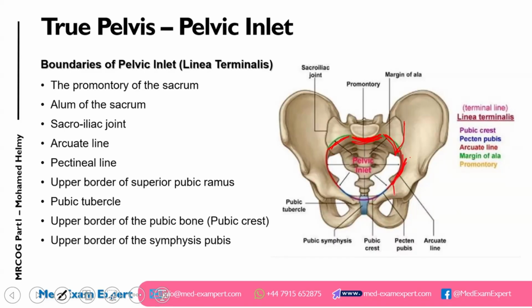Then the pecten pubis or the pectineal line, the upper border of the superior pubic ramus along with the pubic tubercle and crest, then the upper border of the symphysis pubis. An imaginary line joining these structures forms what we call the linea terminalis, or the pelvic inlet, or the pelvic brim.